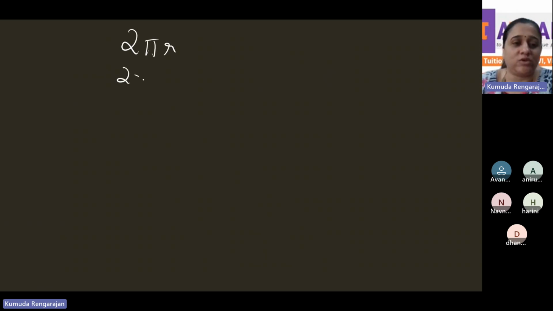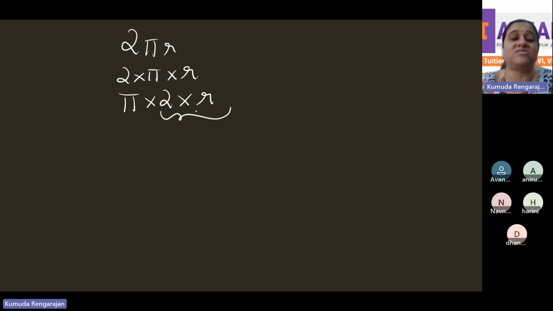So now we are talking about multiplication. Multiplication is associative. So 2 pi r means what? It means 2 into pi into r. So since multiplication is associative, you can change the order and write it as pi into 2 into r. But we know that 2 into r, that is twice the radius, is the diameter.